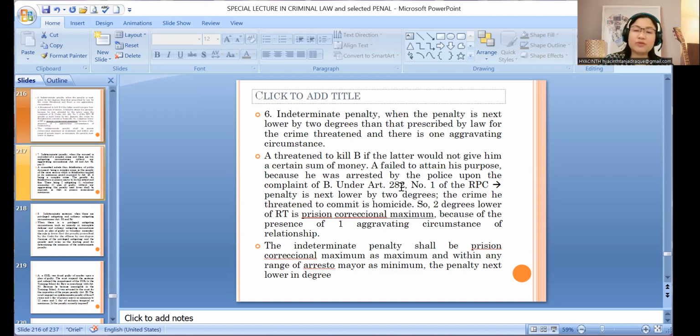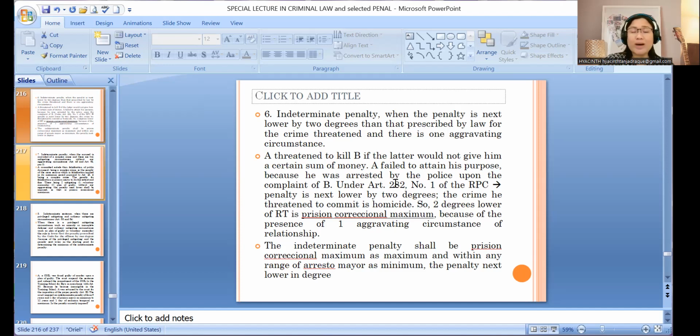In grave threats under Article 282, the penalty shall be 2 degrees lower than that of the crime threatened. If he threatened to kill, it could be homicide, the prescribed penalty is reclusion temporal. So for grave threats, the prescribed penalty shall be 2 degrees lower. That would mean prisión correccional.